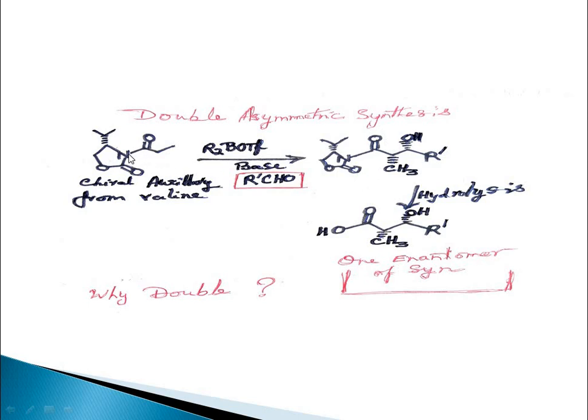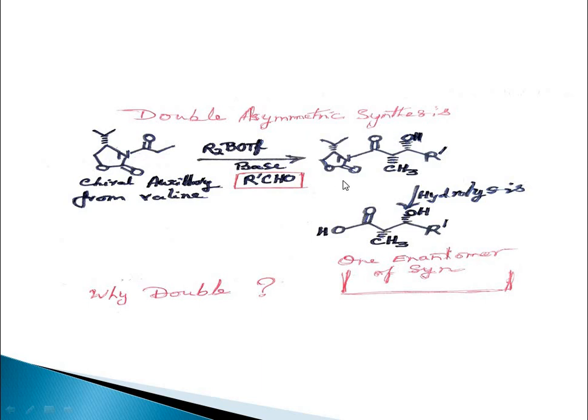CO, and this is attached here with N, C double bond O, CH2, CH3. When this combines, because this amino acid which has been attached at this end is chiral.